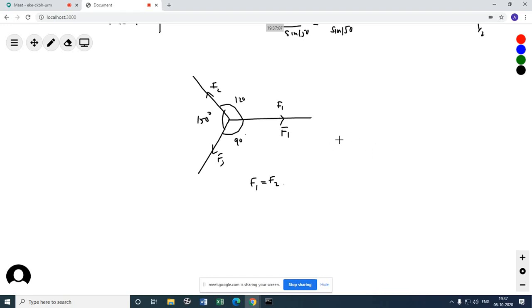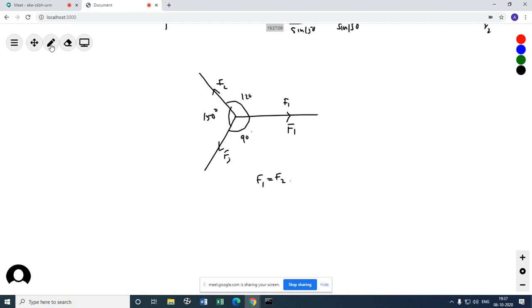How will you do this? Or any one of the forces, let me give you one force, F1 is equal to, let's say, 5 Newton.